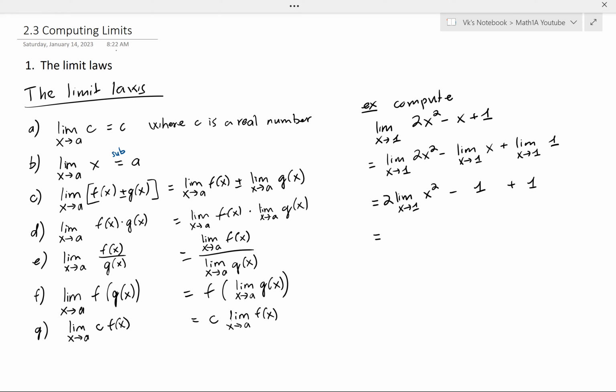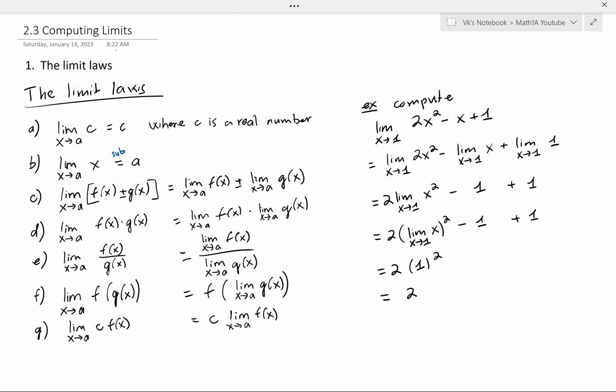Now we can use law F2. The limit as x approaches 1 of x squared minus 1 plus 1. So it's 2 from law B. We have 1 squared minus 1 plus 1 is gone. So the limit is 2.